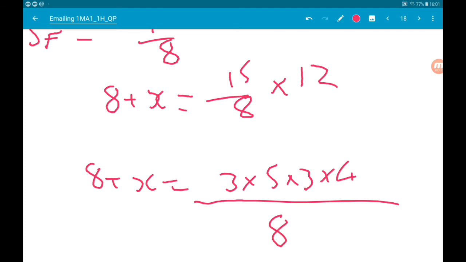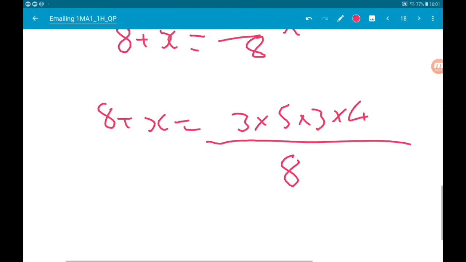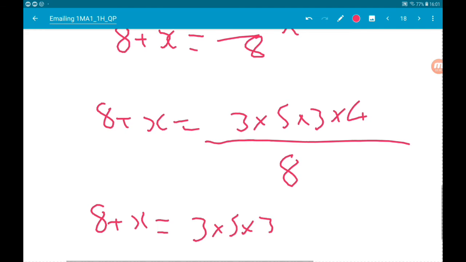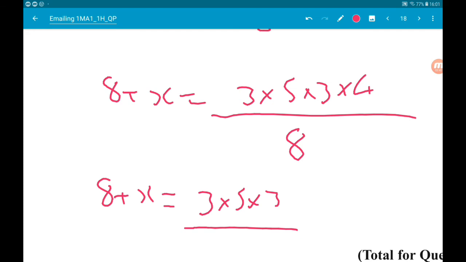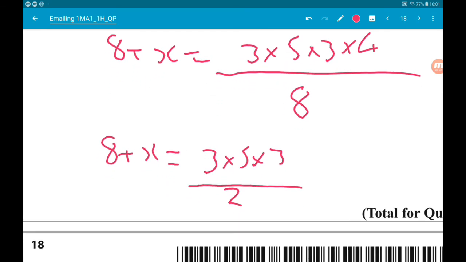So there's now a common factor on top and bottom of 4. So we're going to get 8 add x is 3 times 5 times 3 over 2, which is 45 over 2, which is 22.5.